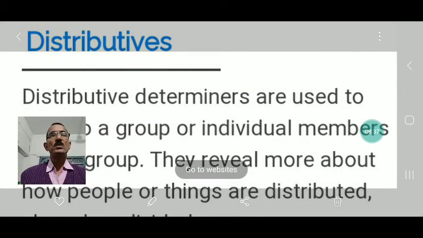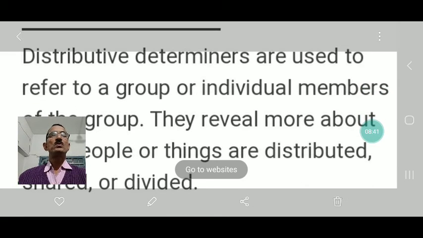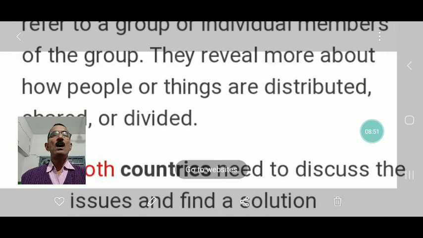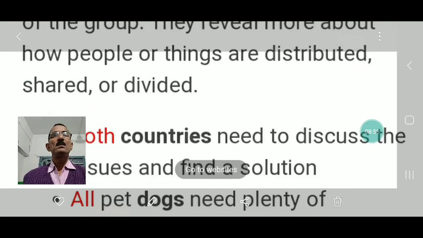It is distributive. So distributive determiners are used to refer to a group or individual members of the group. They reveal more about how people or things are distributed, shared or divided.